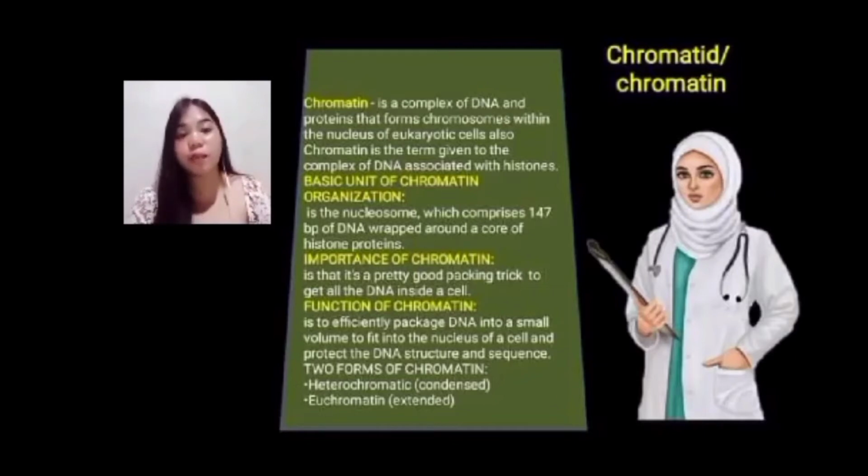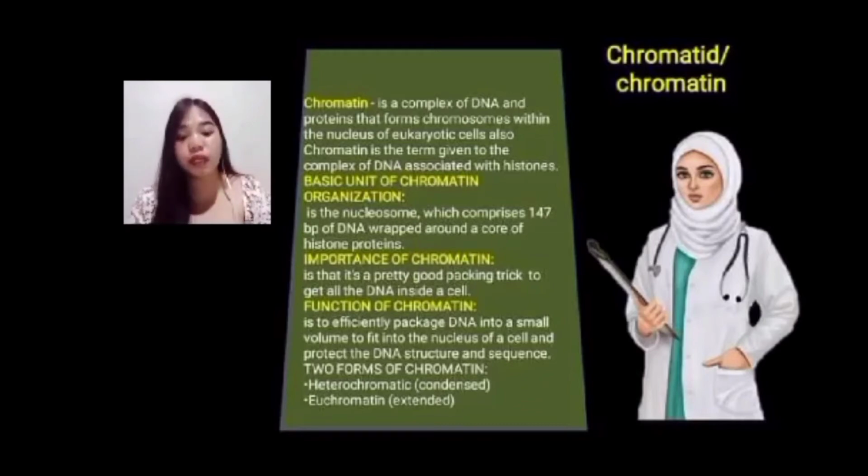Next is the function of chromatin, which is to efficiently package DNA into a small volume to fit into the nucleus of a cell and protect the DNA structure and sequence. It is highly condensed and wrapped around nuclear proteins in order to fit inside the nucleus.